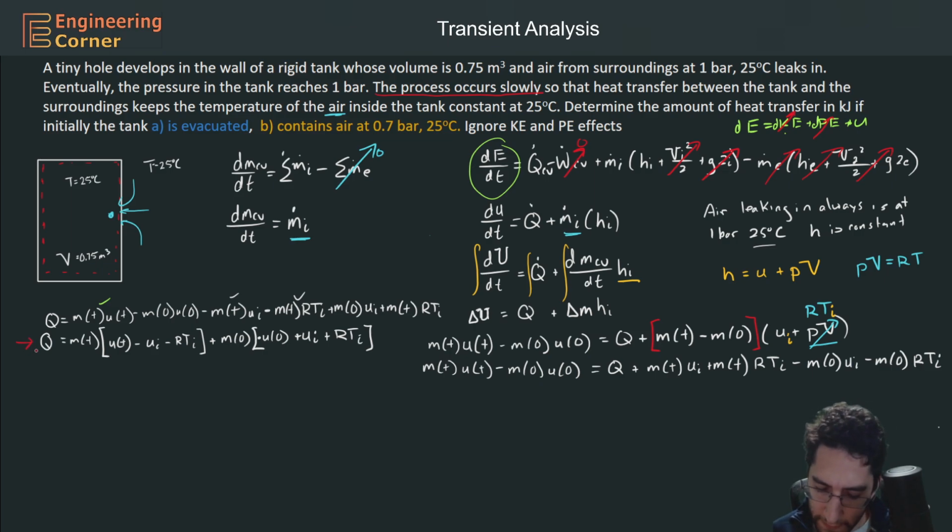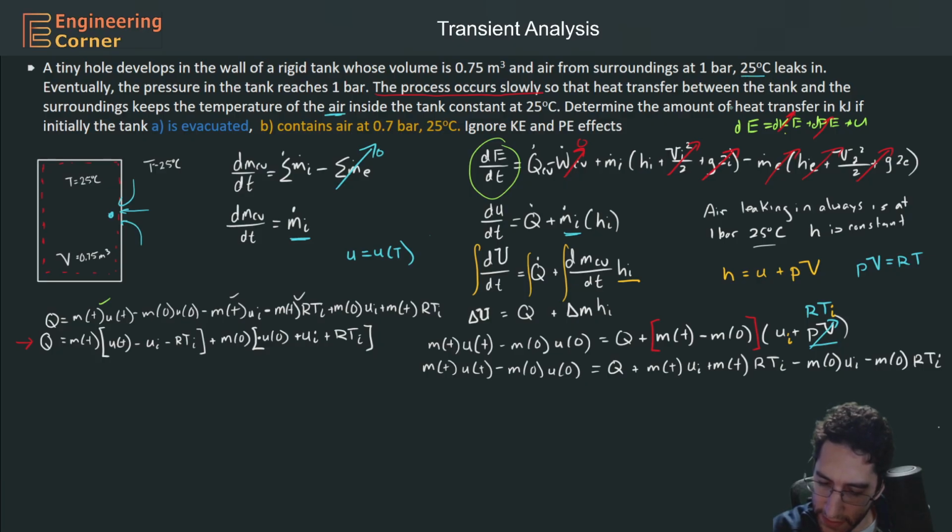From this equation, there's actually one more simplification I can make, and this requires understanding what's going on with the ideal gas. Because we're dealing with an ideal gas, we know that my internal energy, U, is only a function of temperature, the property of an ideal gas. My temperature is never changing.